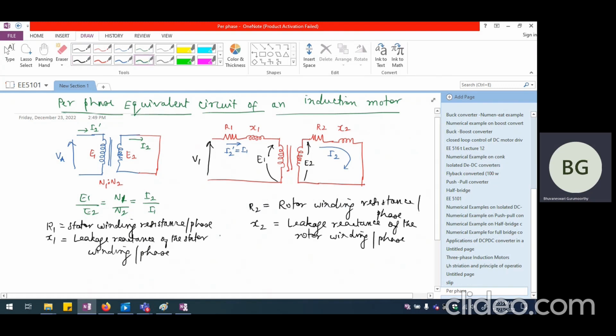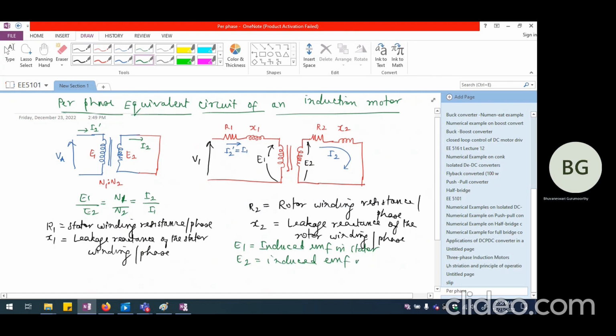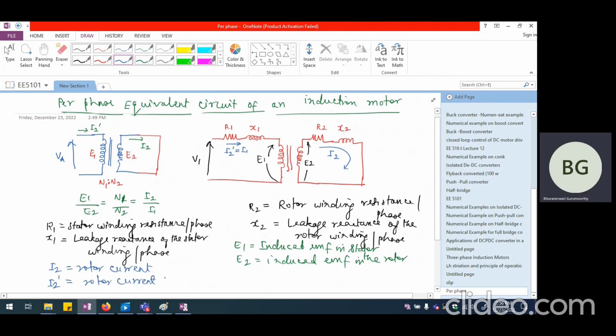Now I can say E1 is the induced EMF, self-induced EMF actually, in the stator, and E2 is the induced EMF in the rotor. Now I2 is going to be the rotor current, and I2 dash is the rotor current visualized from the stator.